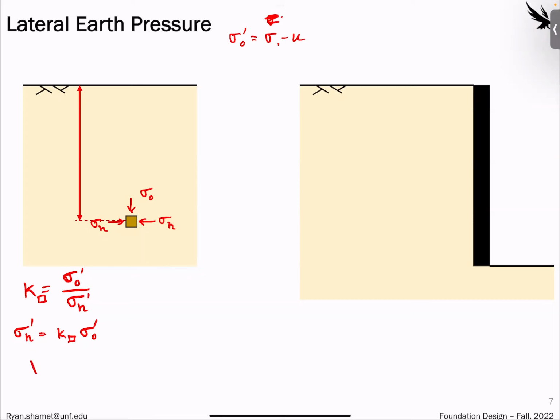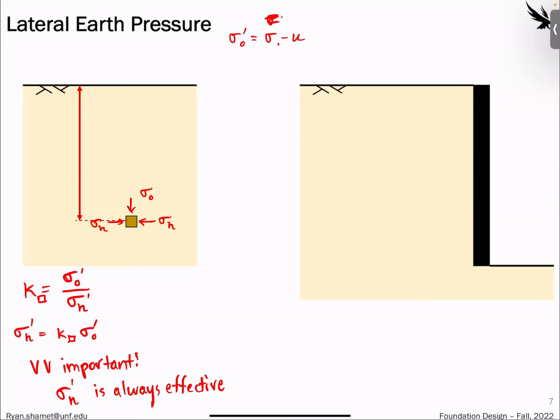So what's important here is that the horizontal earth pressure is always effective. So this would be in just the in situ state condition.